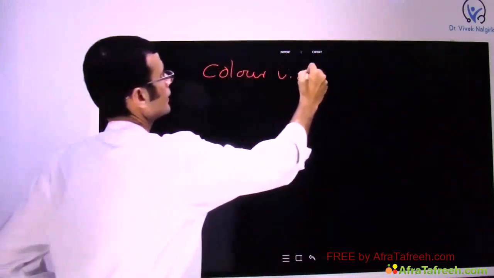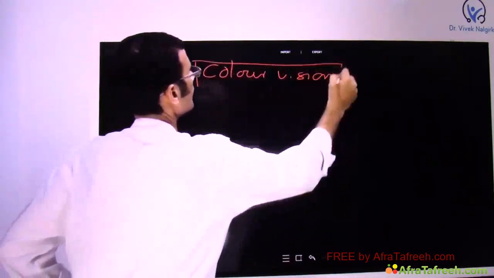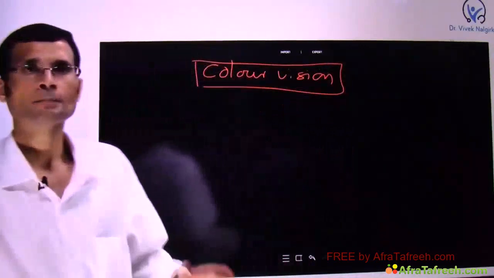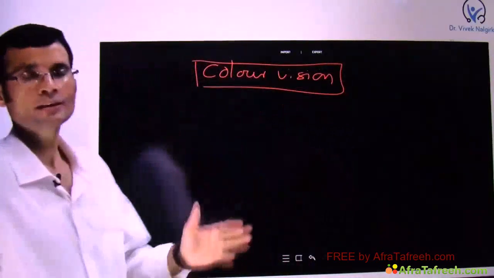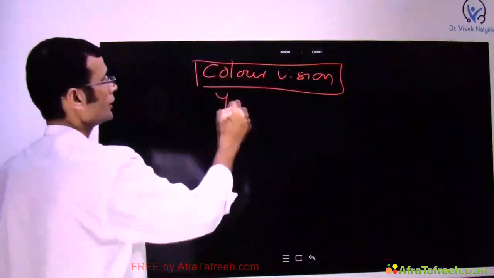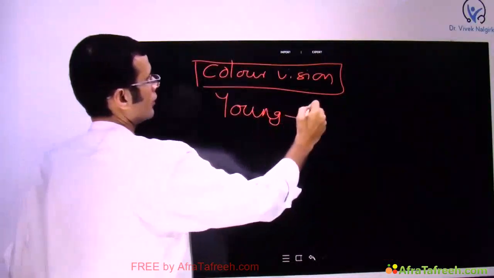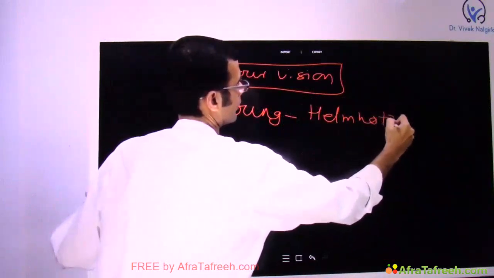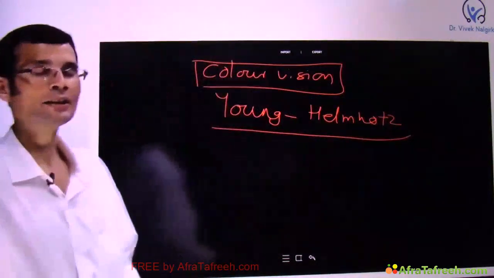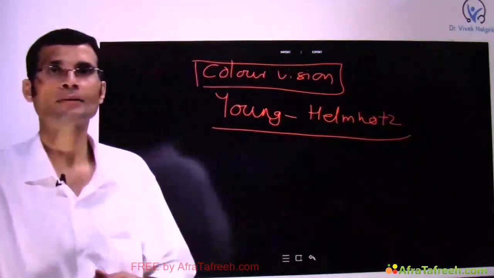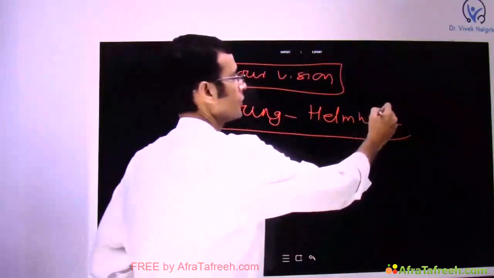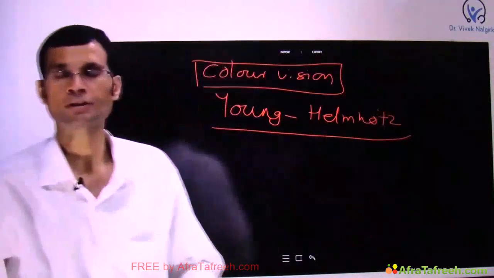Let us see the color vision, some of the important aspects of color vision. There is a theory called the Young and Helmholtz theory. The most accepted theory is the Young and Helmholtz trichromatic theory for color vision.